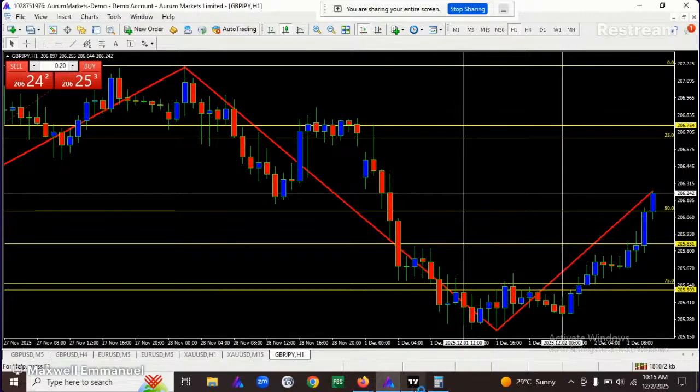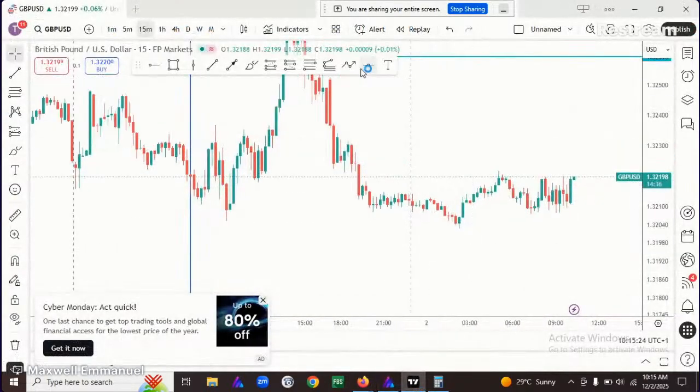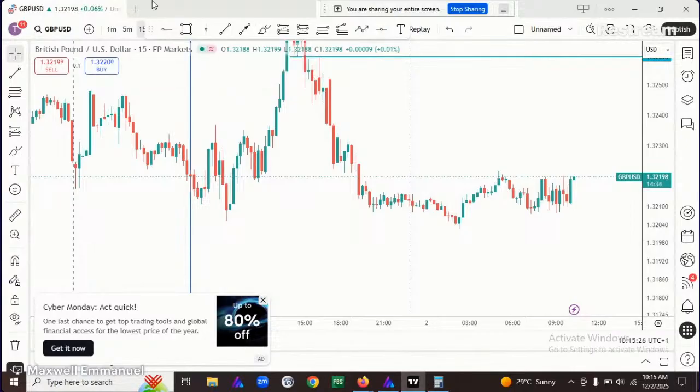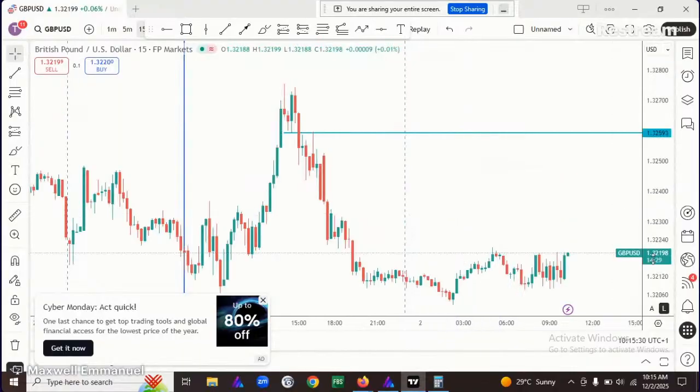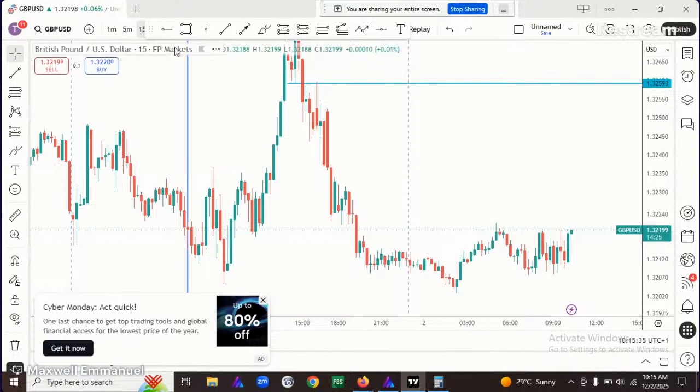Okay, so let's start by analyzing DXY and yen baskets. Let's start with the daily time frame.